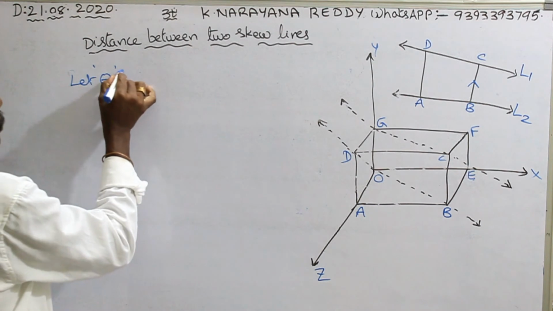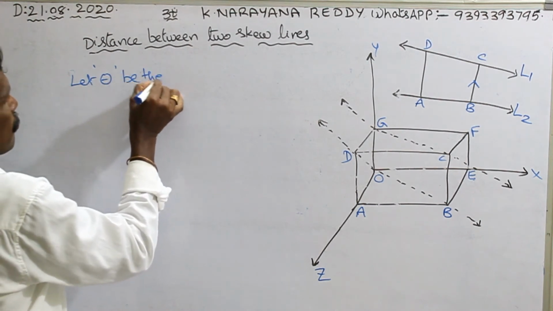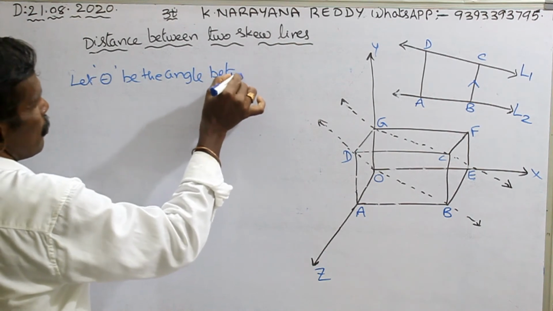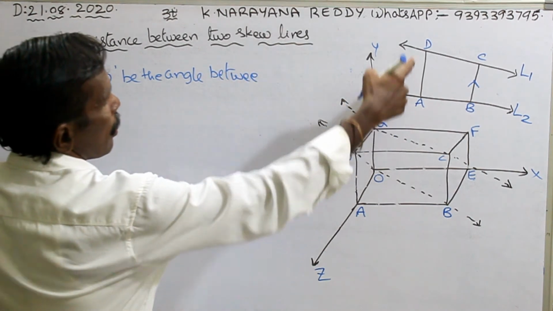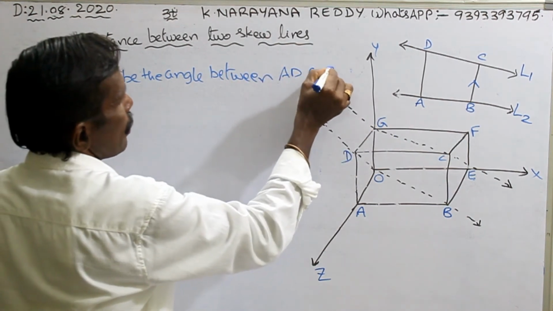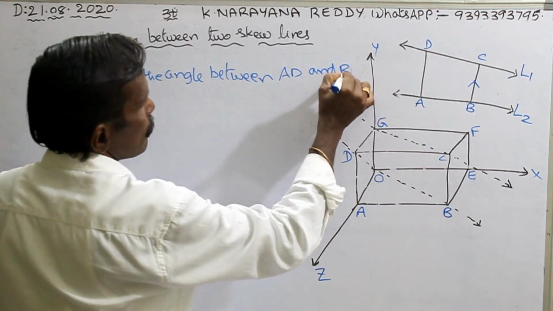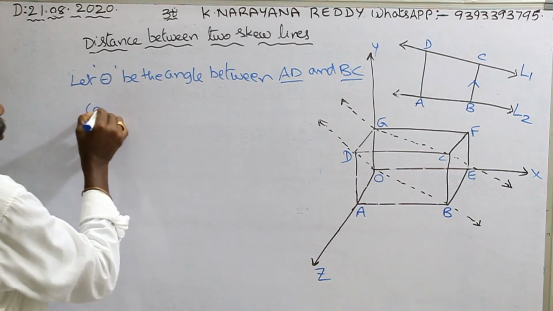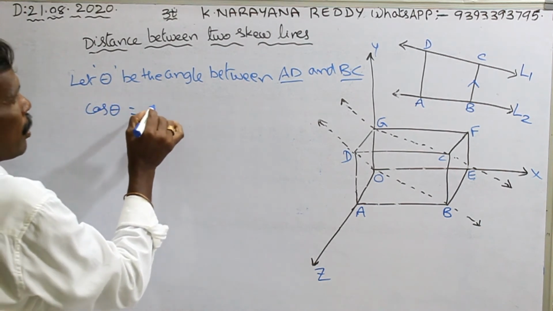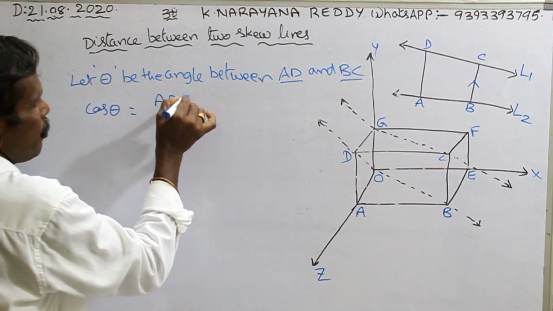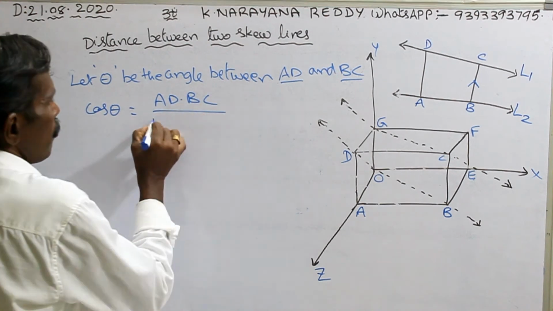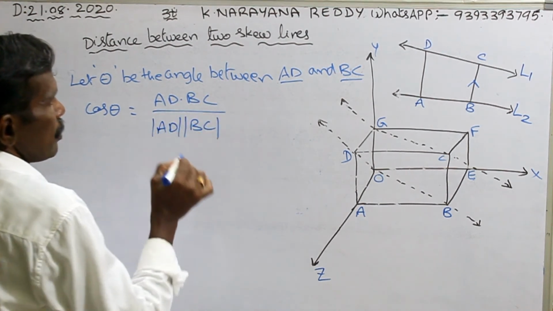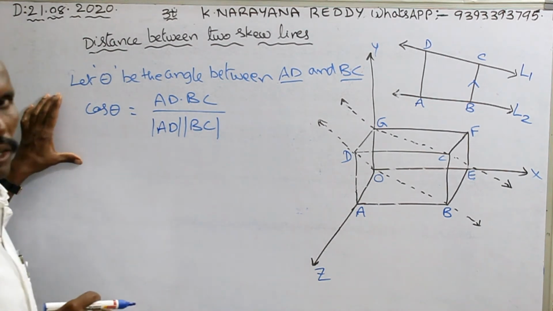Let theta be the angle between AD and BC. Okay. The angle cos theta equals AD dot BC divided by mod AD mod BC. That's all. Okay. This is cos theta.